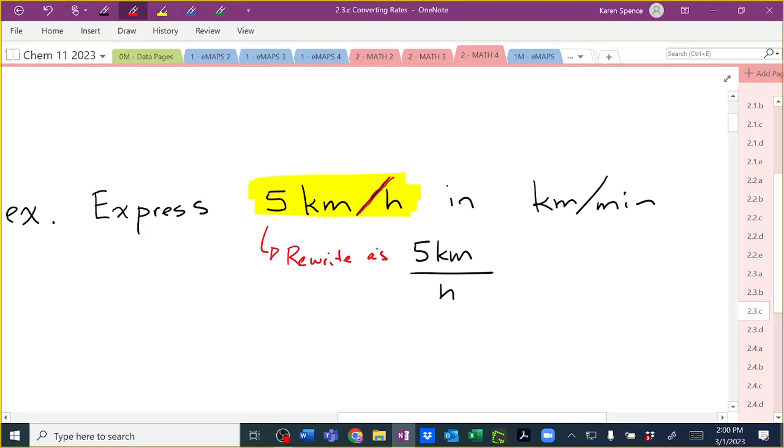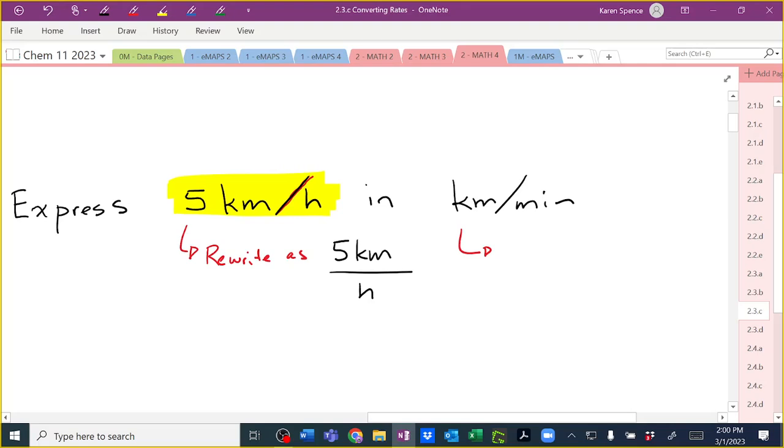What do you think we should do with the kilometers per hour? Sorry, kilometers per minute. We should do what? We should rewrite it, yes, as kilometers over minutes. So now we have a number that we know.